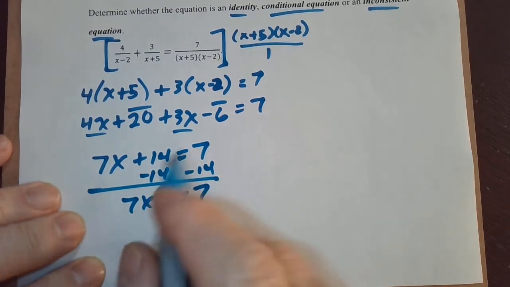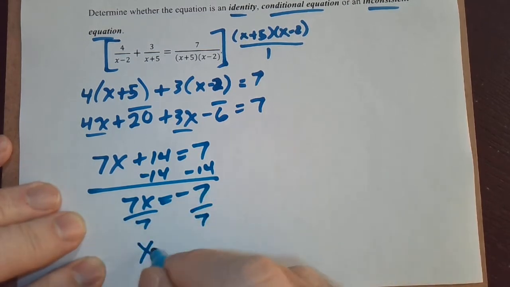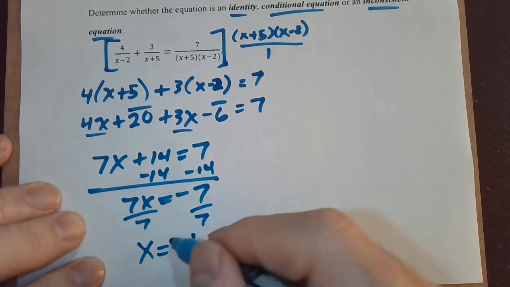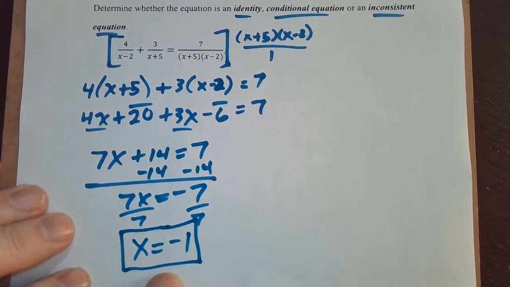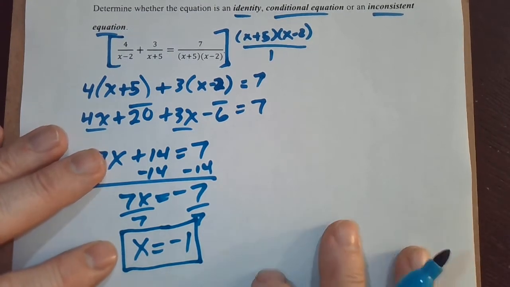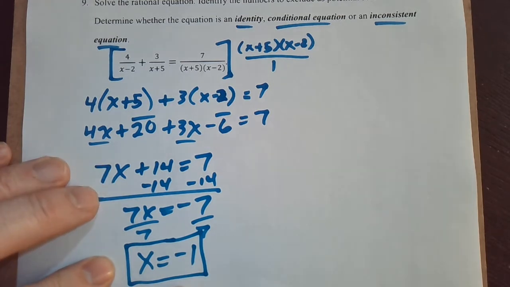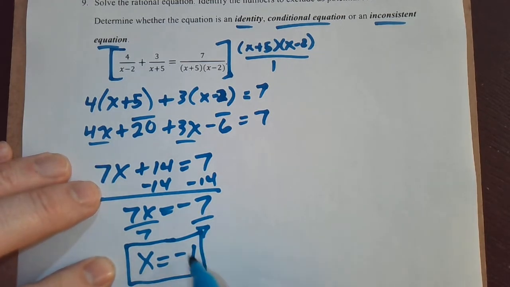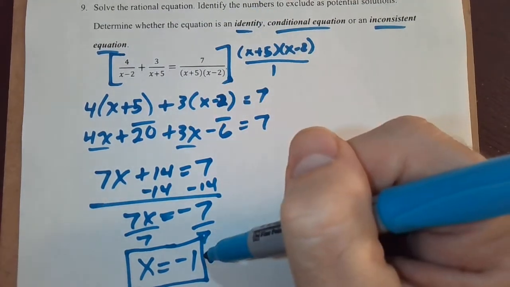Divide both sides by 7, and we get x equals negative 1. Now, we have to plug this in to verify it, which I'll let you do. But assuming our arithmetic is correct, which I believe it is, this is the solution because we don't have to reject it as a solution.